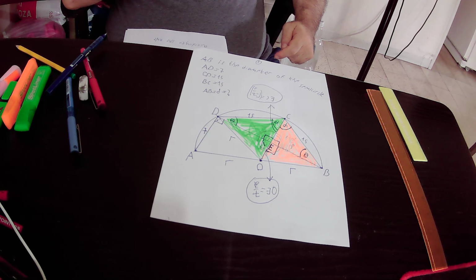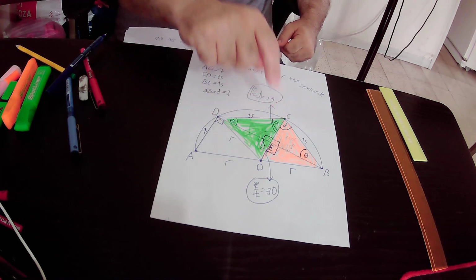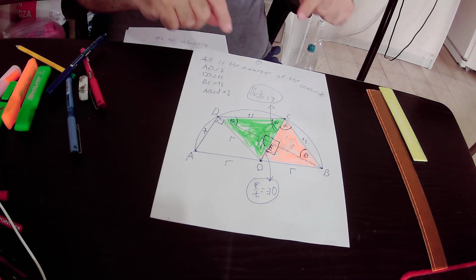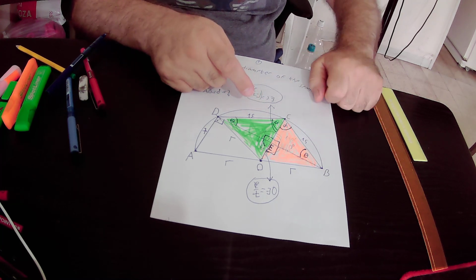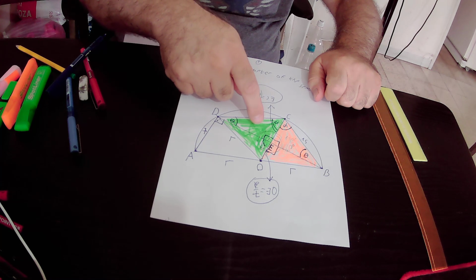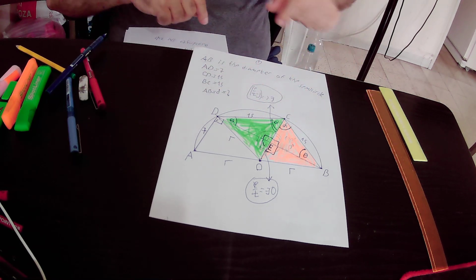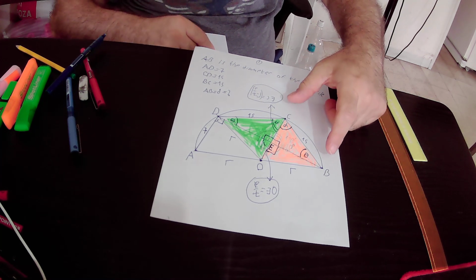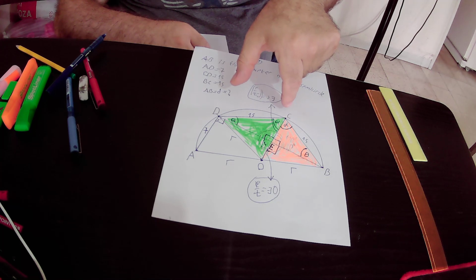Okay, and then we define this point as point E, and we focused on the orange triangle, triangle CEB, and on the green triangle, triangle DCE. In those two triangles, we know that side BC of the orange triangle is equal to side DC of the green triangle.